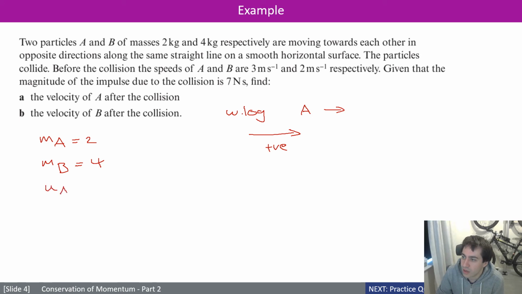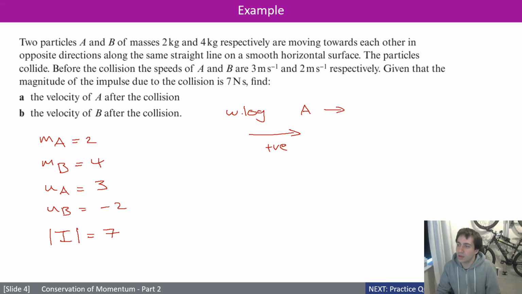So then U of A is equal to 3, but U of B equals minus 2. And the impulse due to collision, the magnitude of the impulse, remember, magnitude is 7. And when we say magnitude of I, what we're really saying is the magnitude of the impulse on A, and also that's the same thing as the impulse on B. Those are both equal to 7.